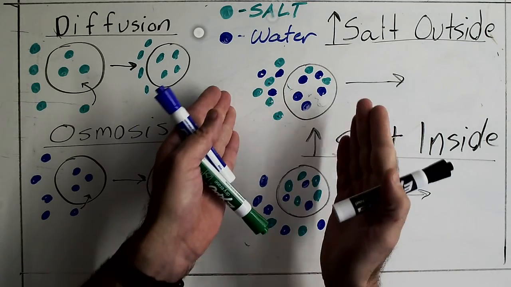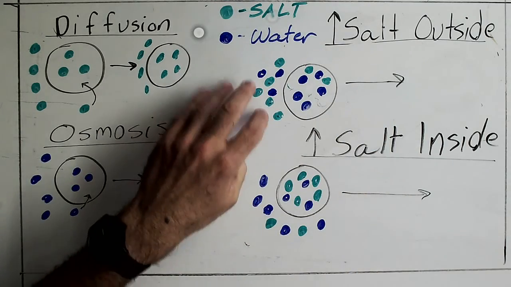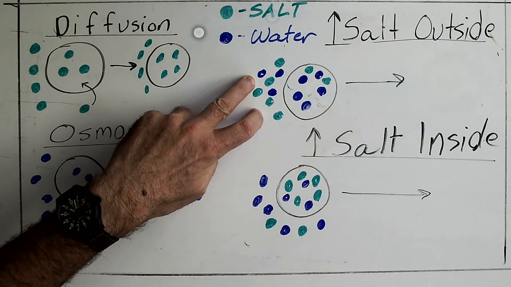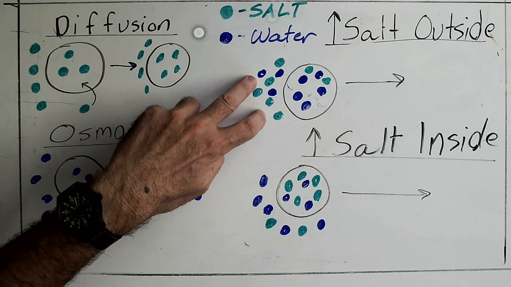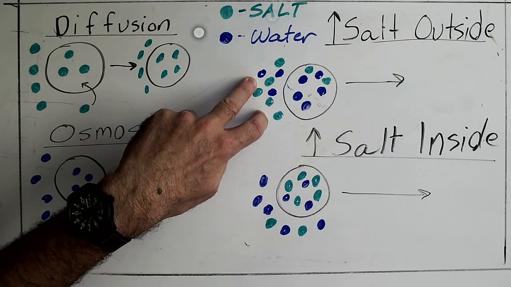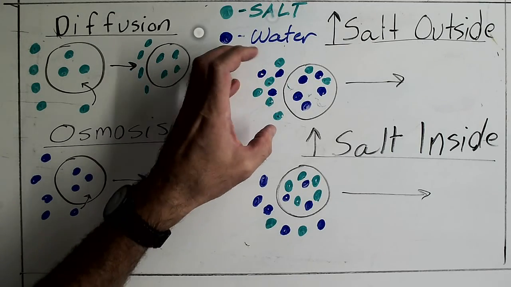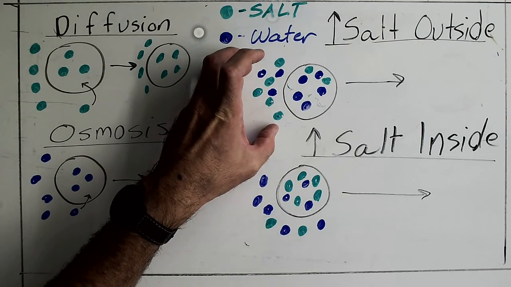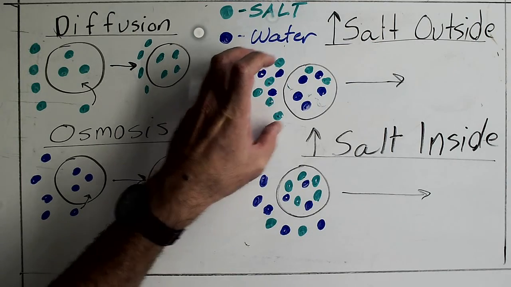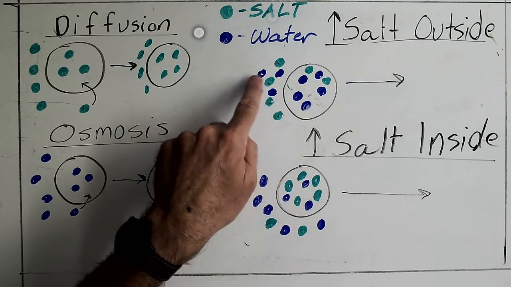This is how you should really think about it. The salt on the outside of the cell is taking up space that would otherwise be taken up by water. So the concentration of salt on the outside of the cell is higher than inside, and the concentration of water on the inside is higher than outside.